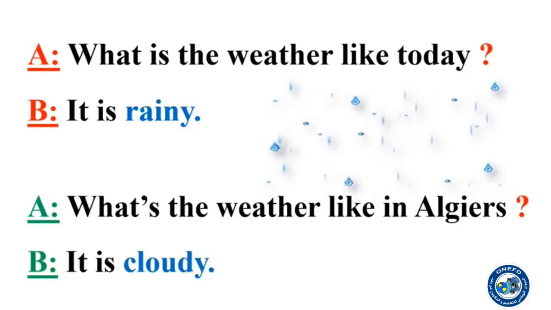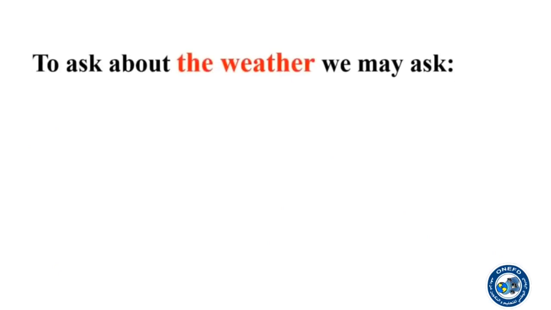So, when we want to ask about the weather condition, we ask 3 different questions. If we want to know about the weather conditions in a place, we ask 3 questions.